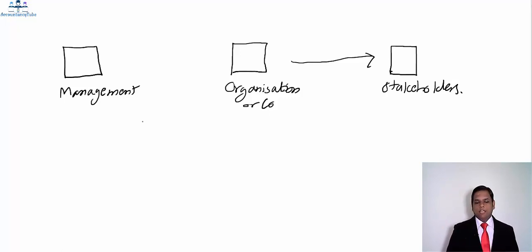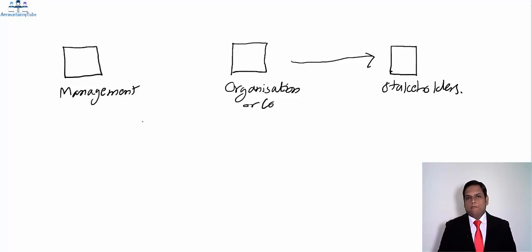Now for that, the management objectives should also be in line with the organization's objectives, because most of the time management comes and goes within a 5 to 8 year span. They do not have a very wide time span in senior positions in an organization.